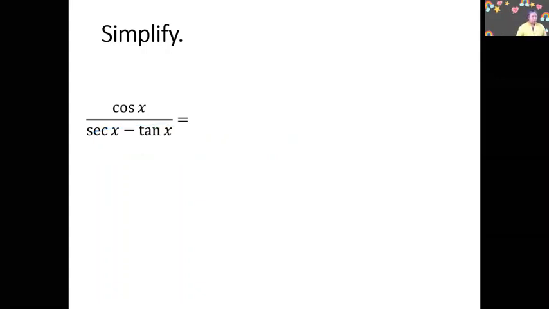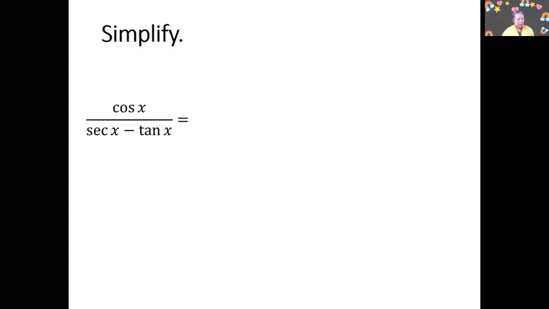Now number 2, we have cosine on the numerator, and we have secant of x minus tangent of x. And what should we do first? Since I have the mixture of the language, and there's a cosine, and there's a secant, and then there's tangent, probably instinctively it hits us with rewriting some of the trig functions into the unified language.